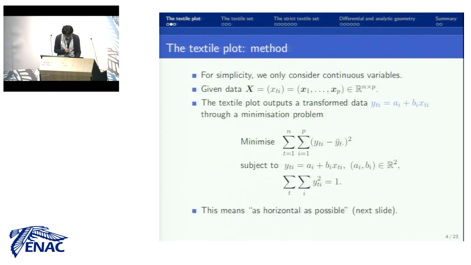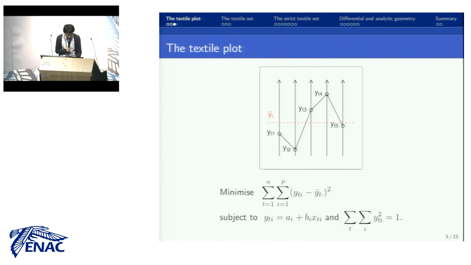This slide shows the meaning of the objective function. The line graph, y_t1, y_t2, and so on, and also I drew the average of these 5 variables.